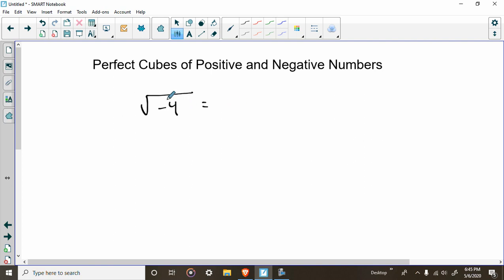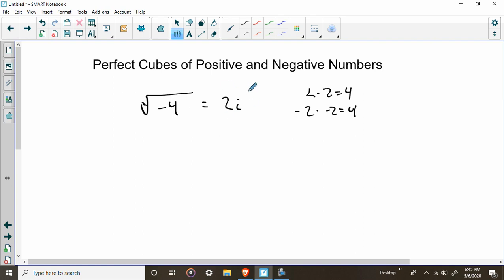Because there is no number times itself that makes -4, right? We said this had an index of 2, and sometimes they write the 2 there, like on your iPhone calculator. But again, 2 times 2 makes 4, and -2 times -2 also makes 4. So this had to have an imaginary root, and we said that this was going to be 2i.